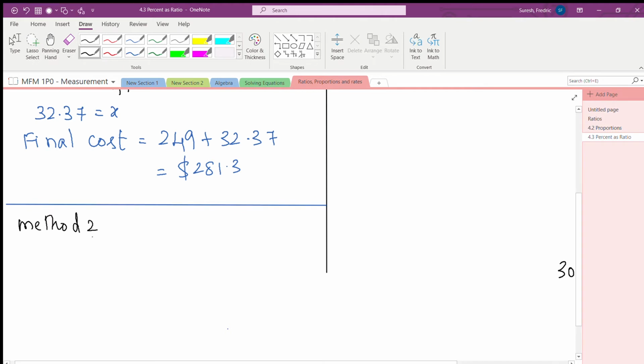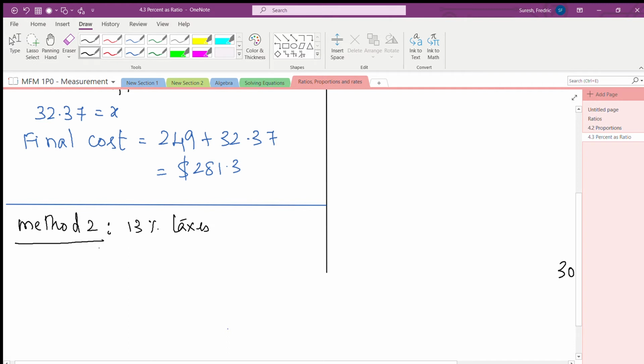Method 2. Because we pay 13% tax, and this 13% is calculated on the original amount of 100%. Originally you have 100 units, and on top of the 100 units, we're going to add 13 units.